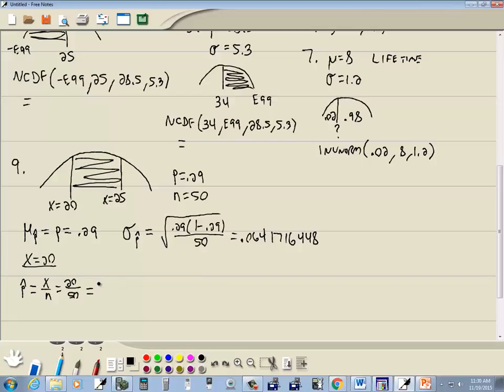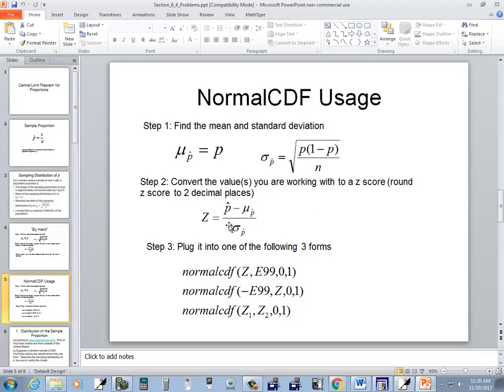Thought I had a calculator here. Oh well, I'll leave it as 2/5. Well, actually, is that 0.4? 0.4.